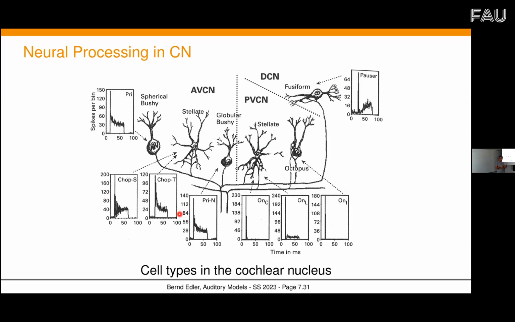But the frequency would still be represented by having different, of course, always multiples of those cells, and each would be responsible for certain frequencies or certain frequency regions. And that's what enables the next stages of the processing to get some meaning out of these firing rates or spike rates which we have here.